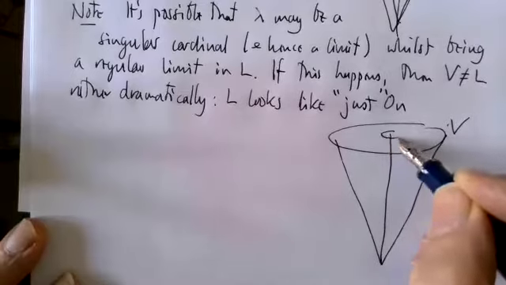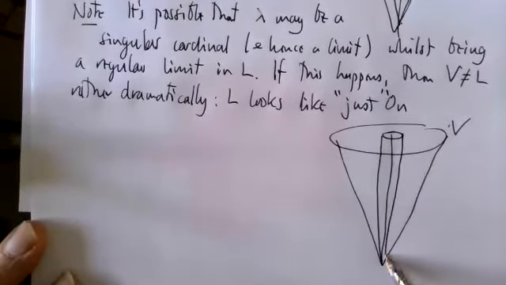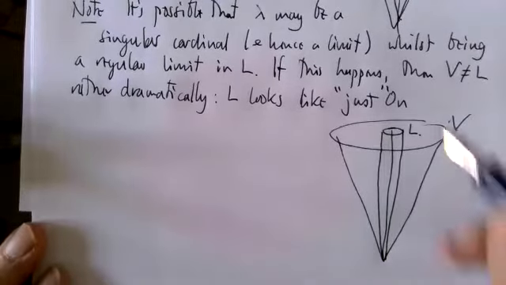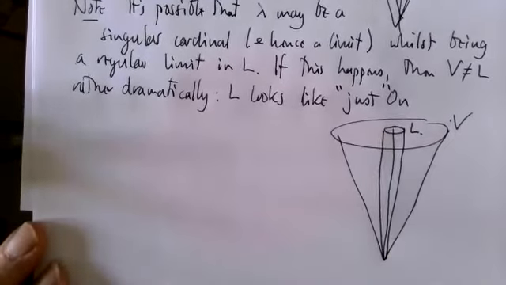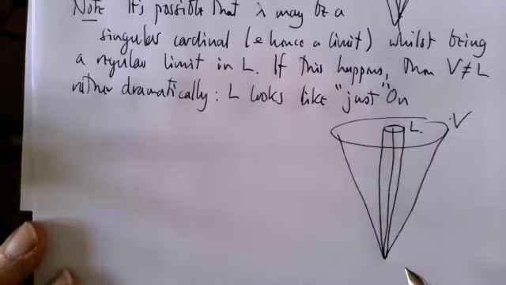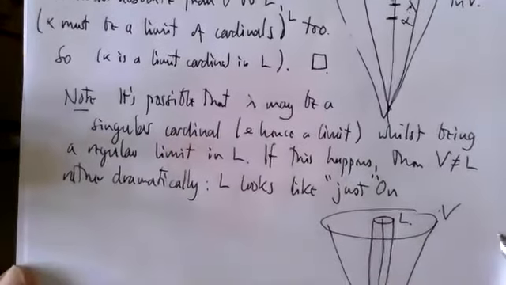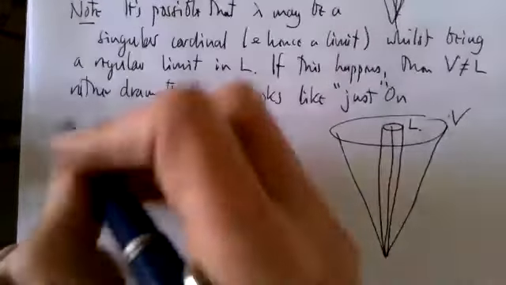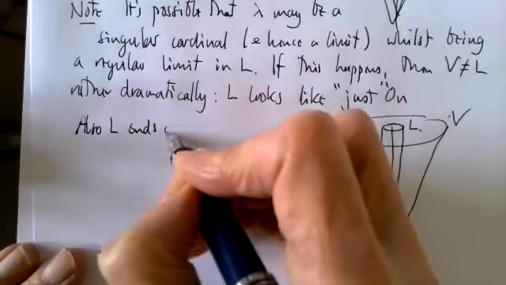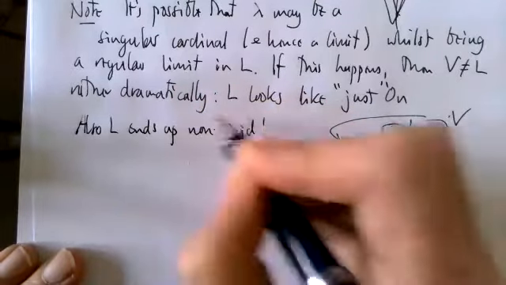And L suddenly looks terribly thin if this happens. I can't draw it very well. There's an awful lot of stuff outside of L. And in fact, there end up being automorphisms of L if there are singular cardinals of V that are regular in L. So L ends up as being non-rigid in this case.